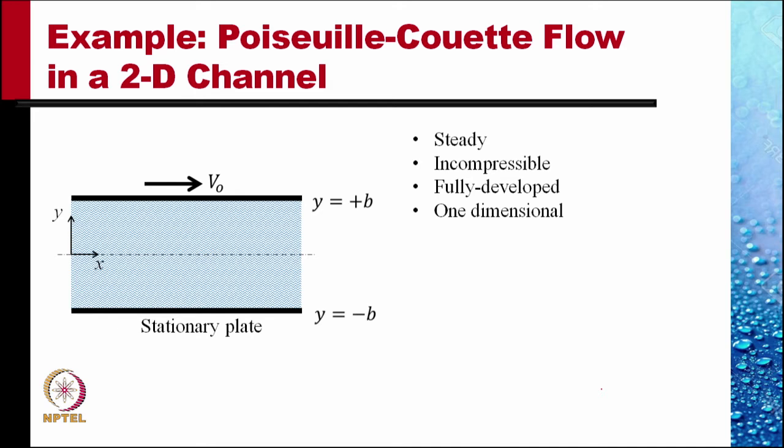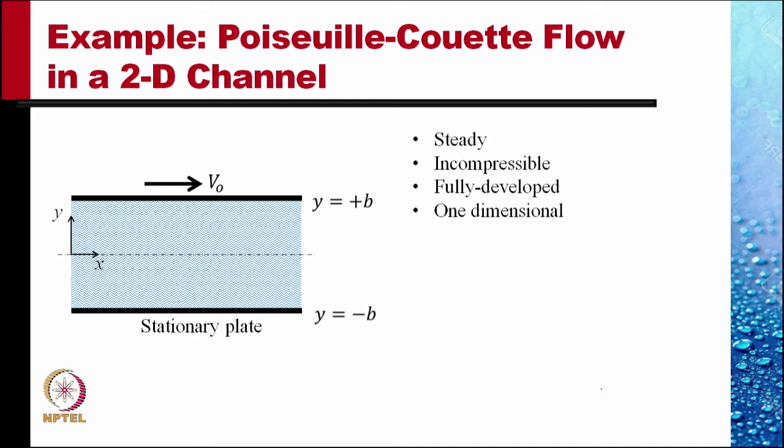This implies that the flow pattern that we see within the channel should not depend upon the location of the origin. It should be same everywhere. It cannot be a function of x.